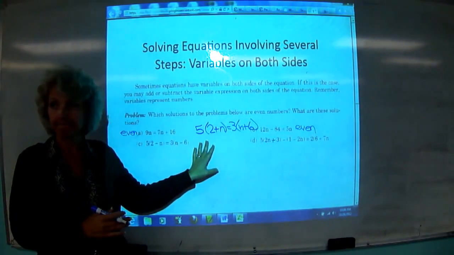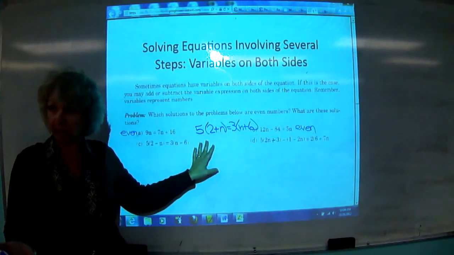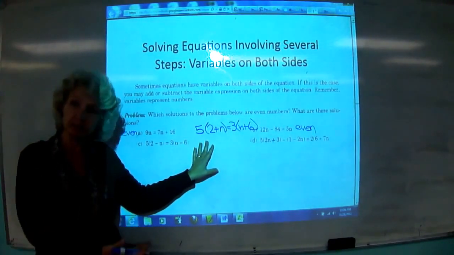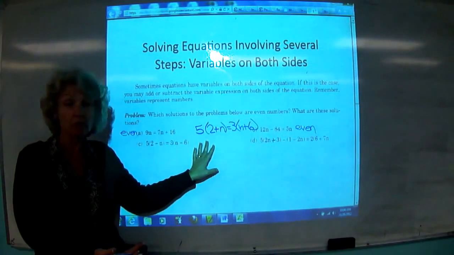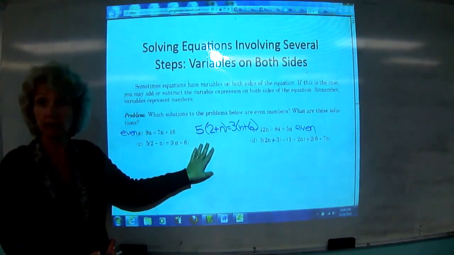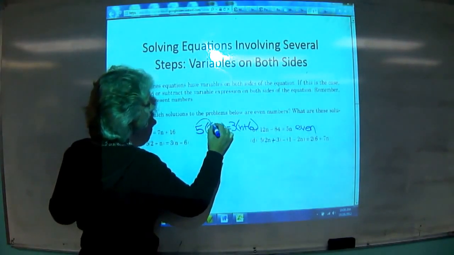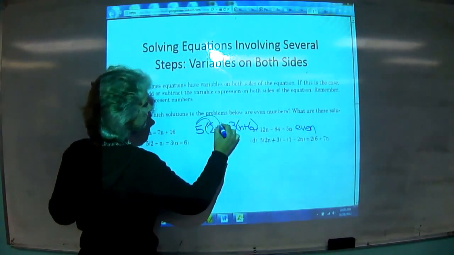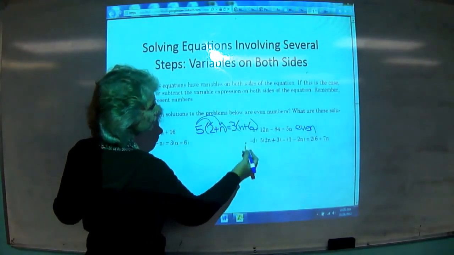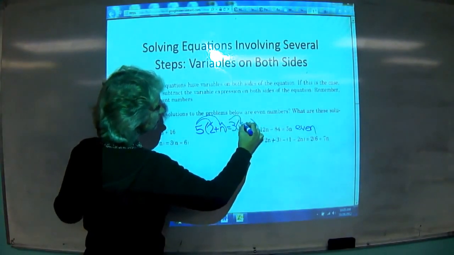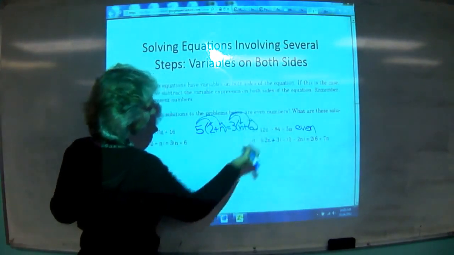What's going on? It's multiplying with everything in the parentheses. So we're using what property? The distributive property. So 5 is in 2's personal space plus n's personal space, and 3 is in n's personal space and 6's personal space.